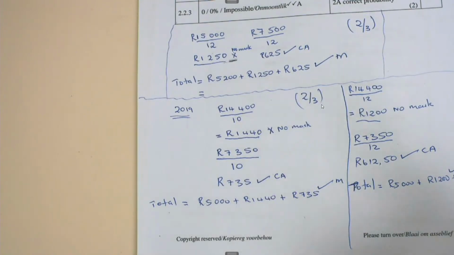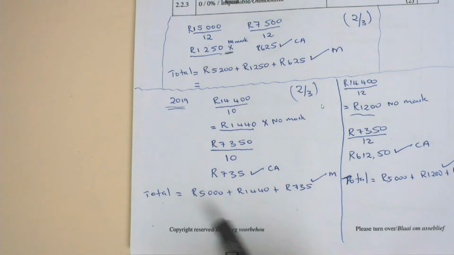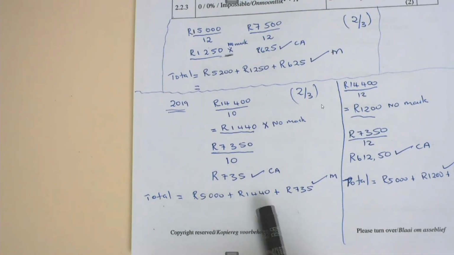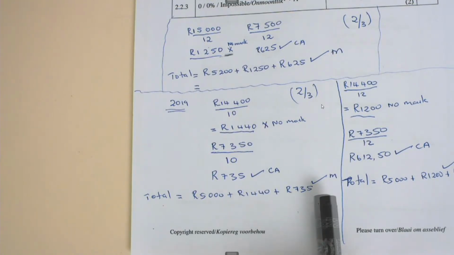That's where you give 1 mark. Remember, it's a CA mark according to the original part of the memo on top there. And then for adding all 5,000, 1,440 and 735, you give a learner a method mark there.